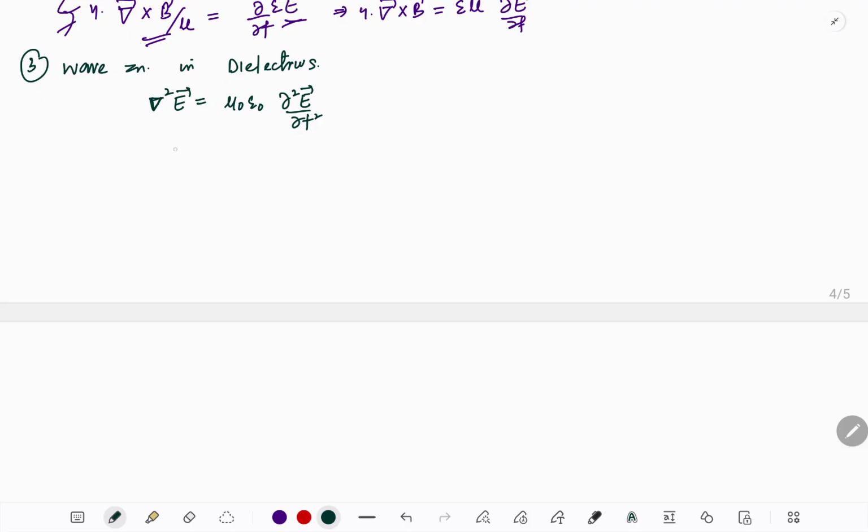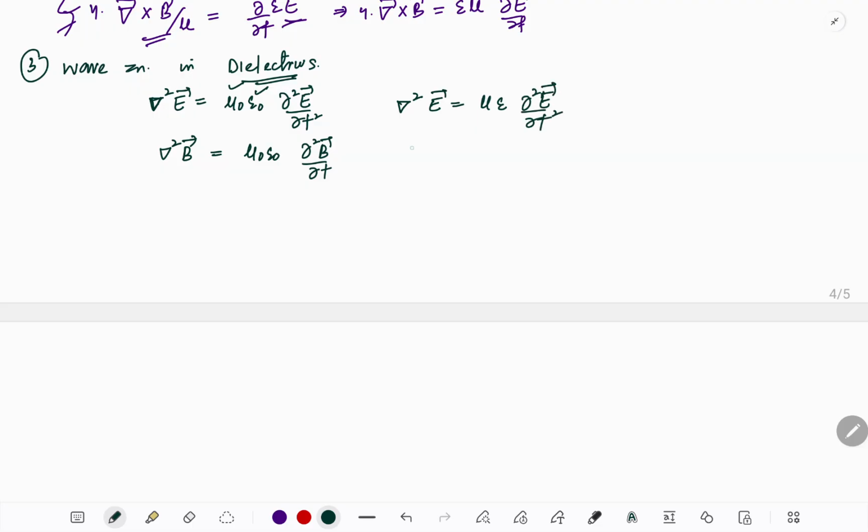And in terms of B, it was del square B equals mu 0 epsilon 0 dou square B by dou T square. Now, in case of the dielectric material, mu 0 is replaced by mu, and epsilon 0 is replaced by epsilon, the permittivity and permeability of the medium. So it becomes del square of E equals mu epsilon dou square E by dou T square.